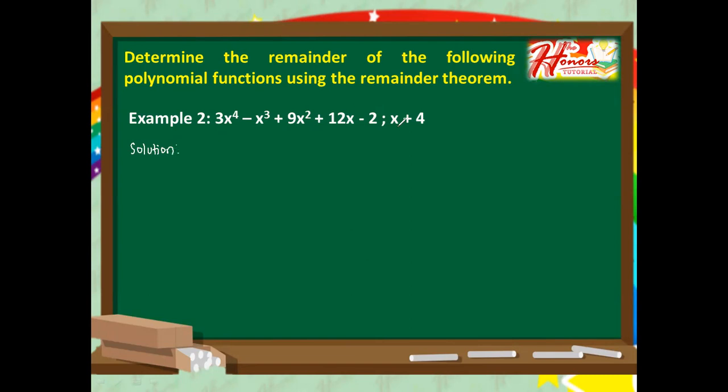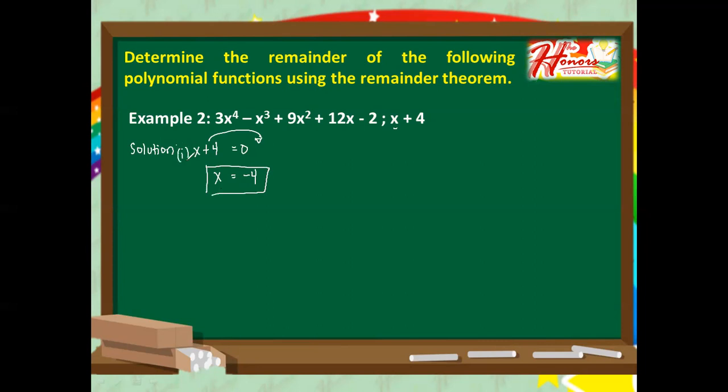Let's have our divisor first, and that is x plus 4. Let's equate this to 0. So now we have x at the left side, and then we have to transpose positive 4 to the right side of the equation. Since we are transposing it, positive will become negative. So we have x equals negative 4.